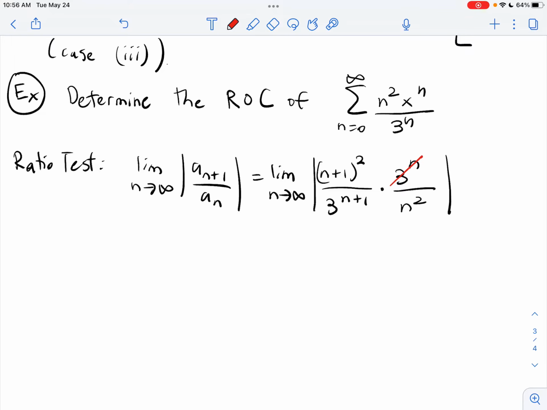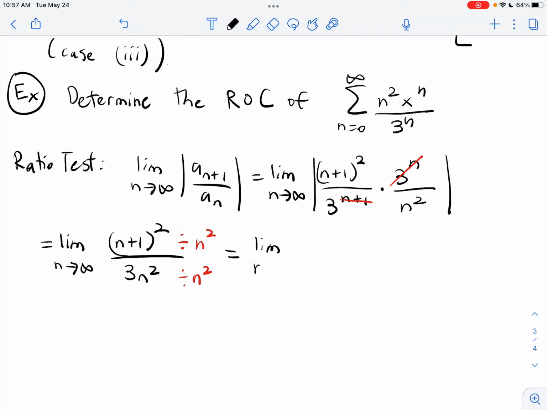I know 3 to the n cancels with all the 3's except for 1, and that's going to look like this. We end up with the limit as n goes to infinity. The top is n plus 1 squared, and the bottom is 3n squared. And I'm going to divide top and bottom by n squared to take this limit.